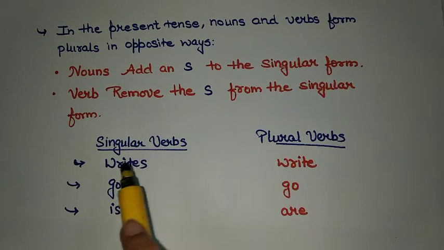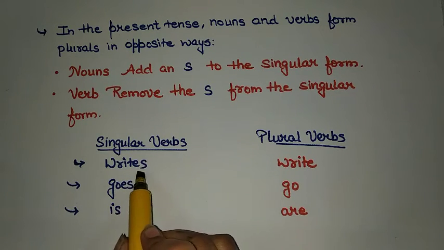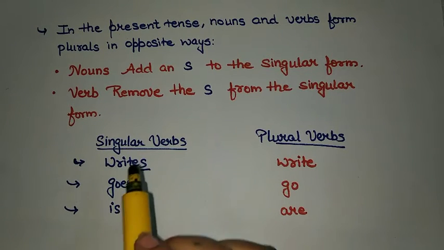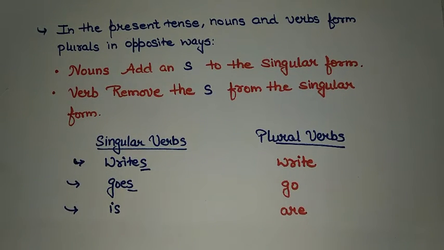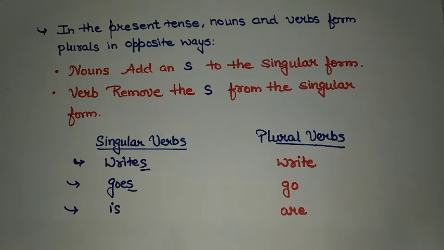Like singular verbs such as writes, goes, is, here you can see this s, but still they are singular verbs. And in the case of plural verbs I can write write, there is no s with this, then go, and then are, etc. There can be a number of examples for such things. What I want to tell you is, don't get confused that when we add s to any particular word it becomes plural. No, not in the case of verbs.